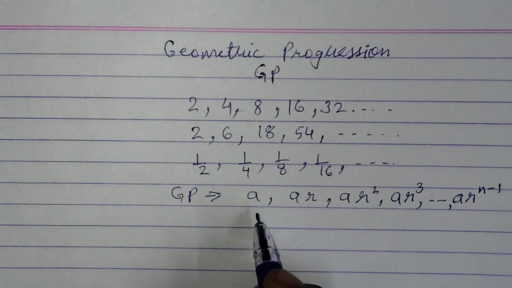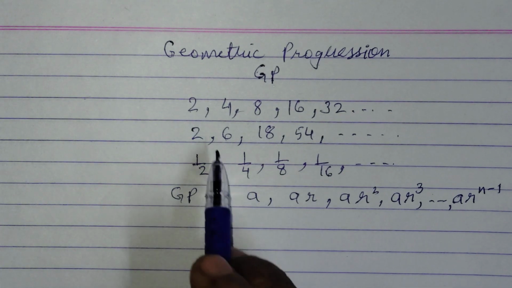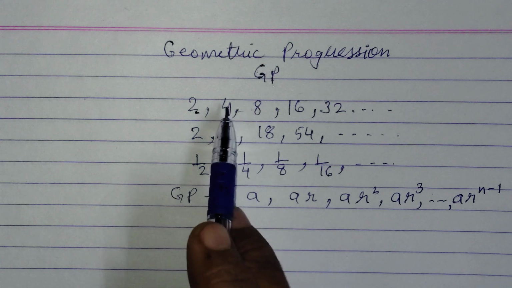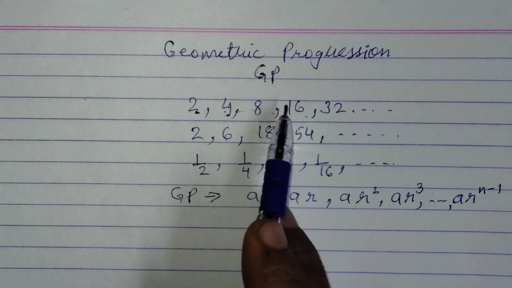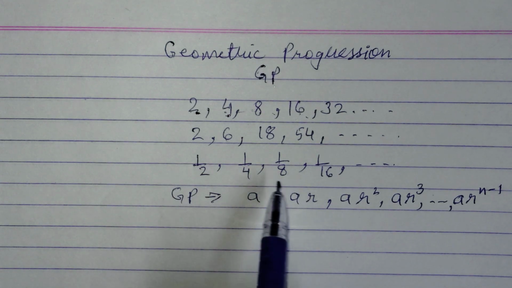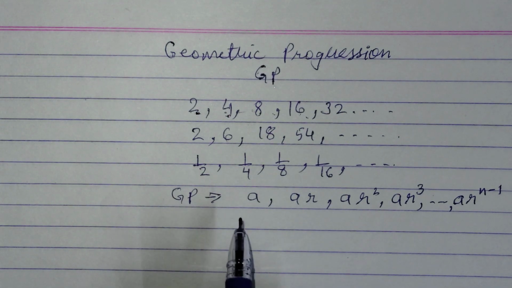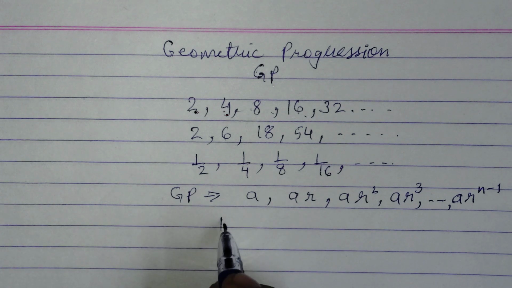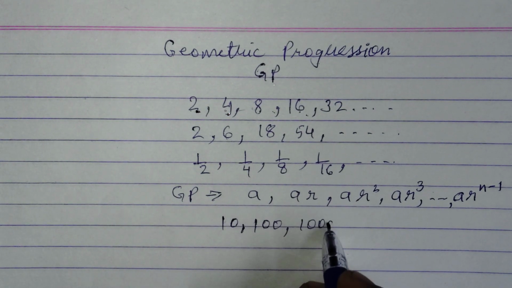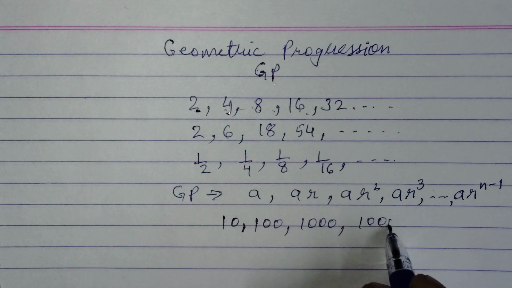So here A is first term and R is second term divided by first term, we get R. So R is everywhere we can divide next term by previous term. So this is the R. N is how many terms there are. This is called GP. Suppose we take series 10, 100, 1000, 10,000.